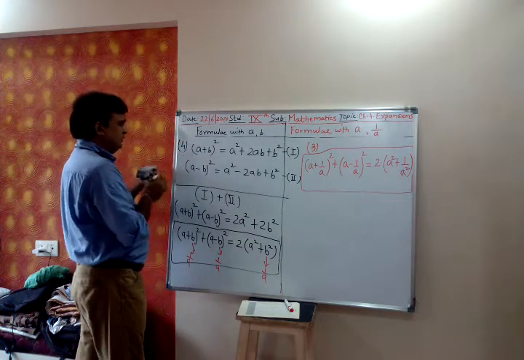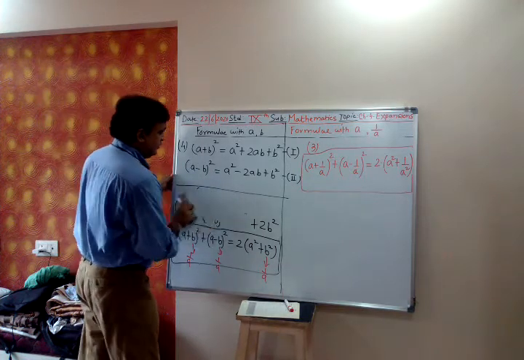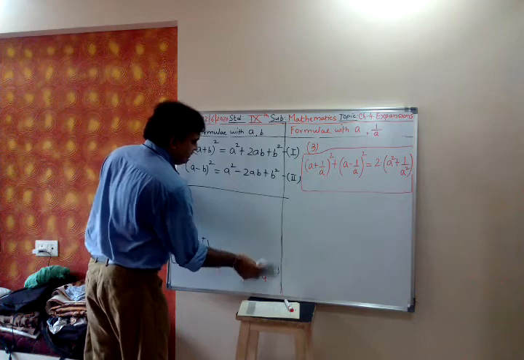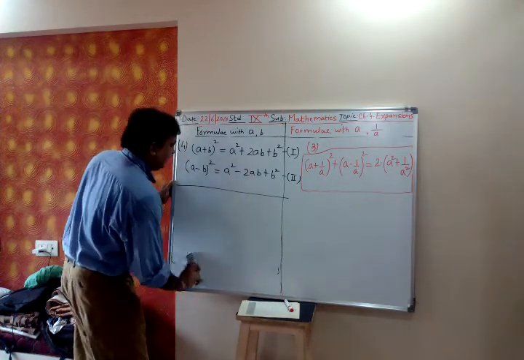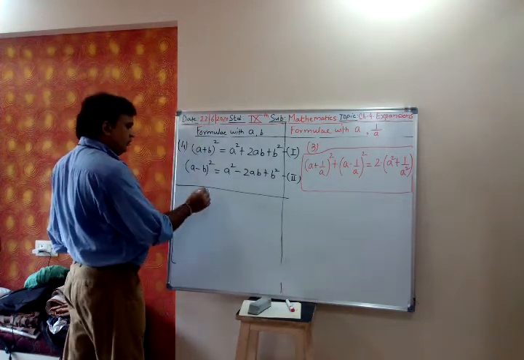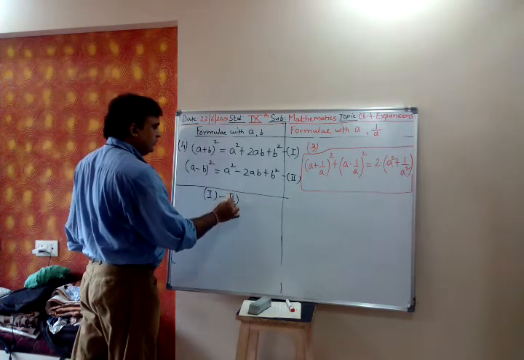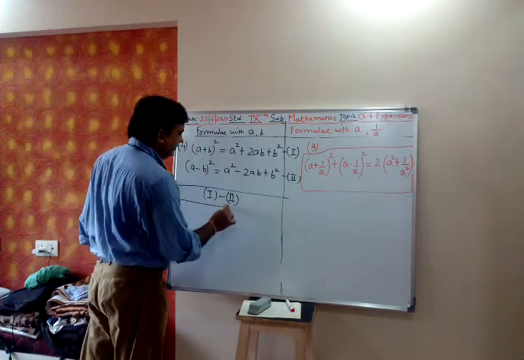So same formula I will write, these two: a plus b whole square, a square plus 2ab plus b square, and a minus b whole square is a square minus 2ab plus b square. Now we write equation 1 minus equation 2. I will subtract both the equations.